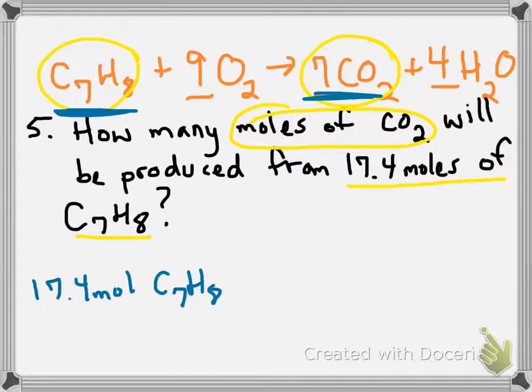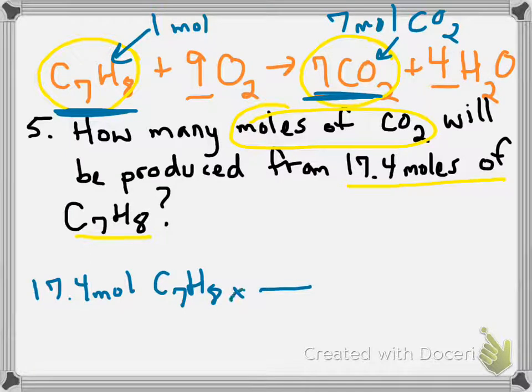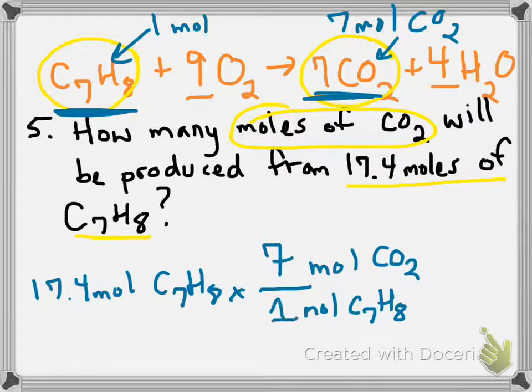Well, I know that 1 mole of C7H8 is equal to 7 moles of carbon dioxide, or can produce 7 moles of carbon dioxide. So I'm going to use that as my conversion factor. I am getting rid of moles of C7H8. I am using them to convert into moles of carbon dioxide. So 7 moles of carbon dioxide is equal to 1 mole of C7H8, or can be produced by 1 mole of C7H8.